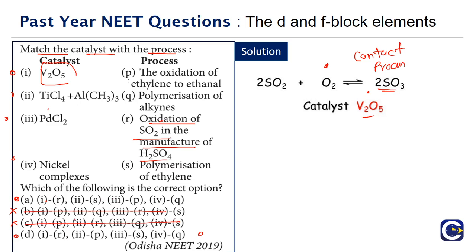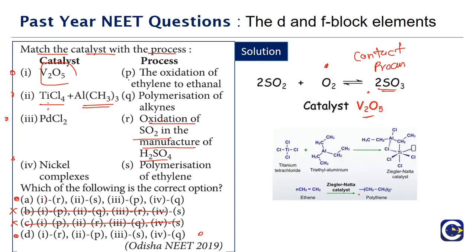Then TiCl4 with Al(CH3)3. This is another very popular catalyst which we call the Ziegler-Natta catalyst. So what is this Ziegler-Natta catalyst?